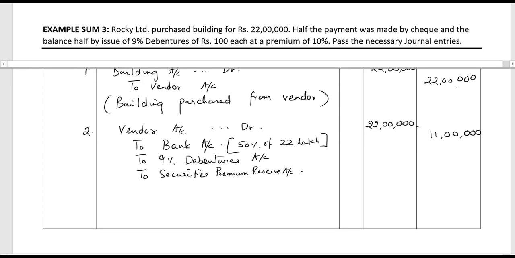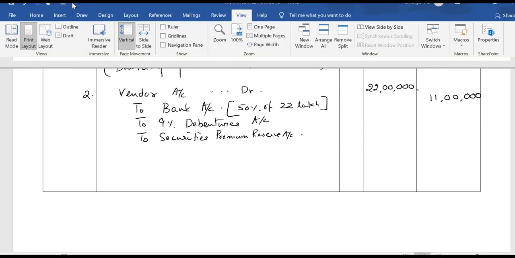Let's do the calculation for the number of debentures to be issued.